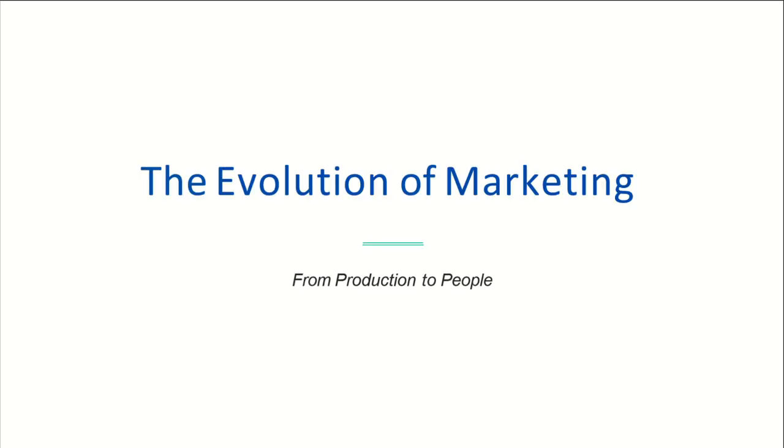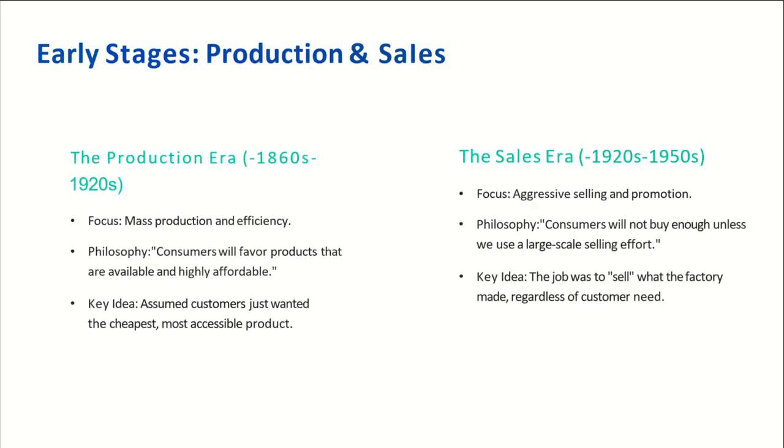The evolution of marketing. So we have early stages, the production and sales. We have two eras. The first one is the production era and the second one is the sales era. The production era was from 1860 to the 1920s. In this era, the focus was mass production and efficiency. The philosophy was that consumers favor products that are widely available and cheap.